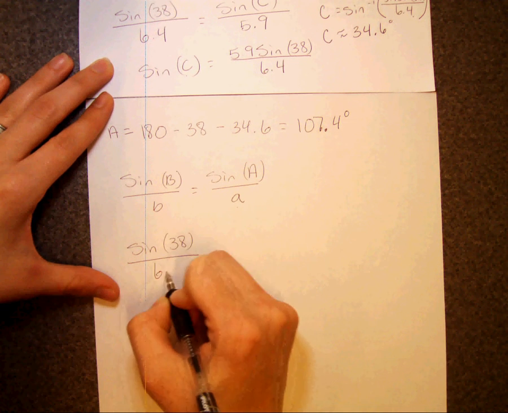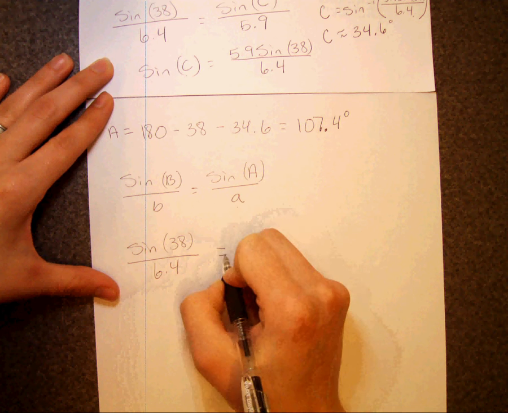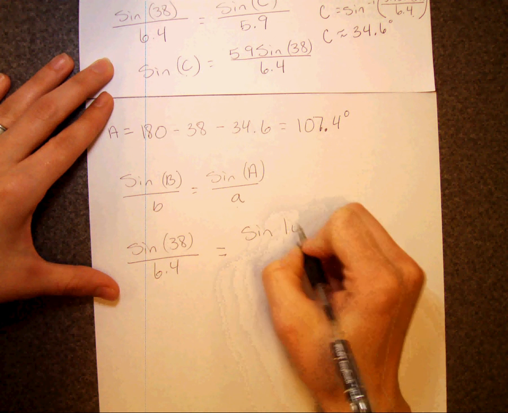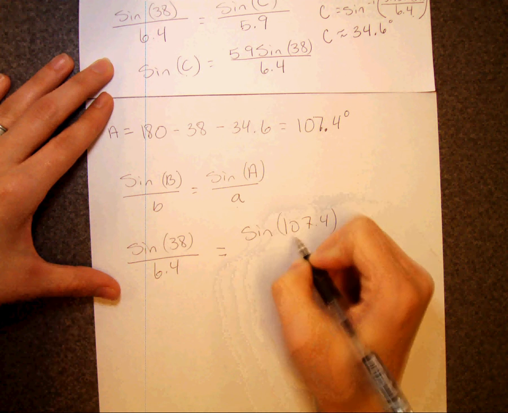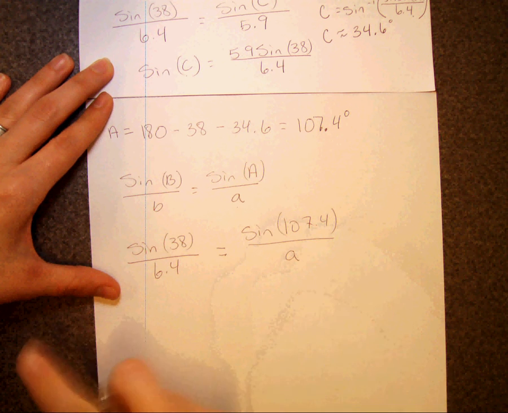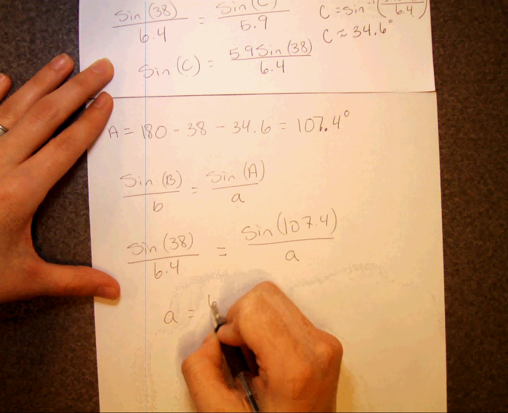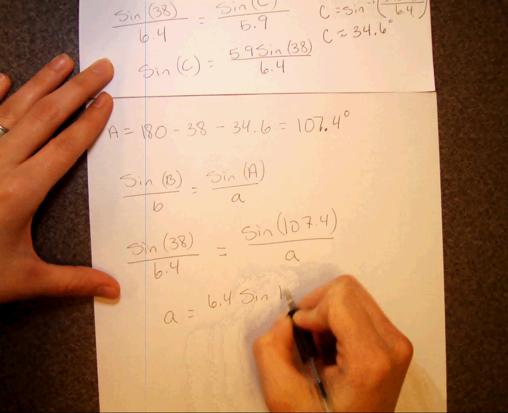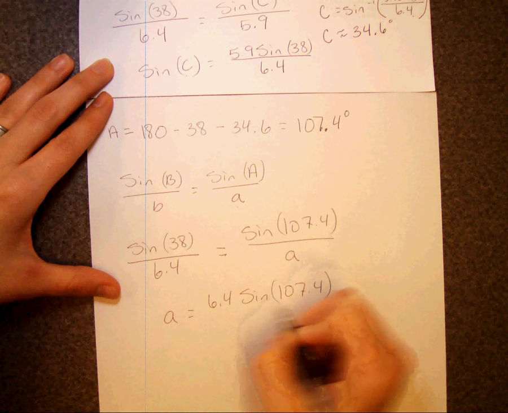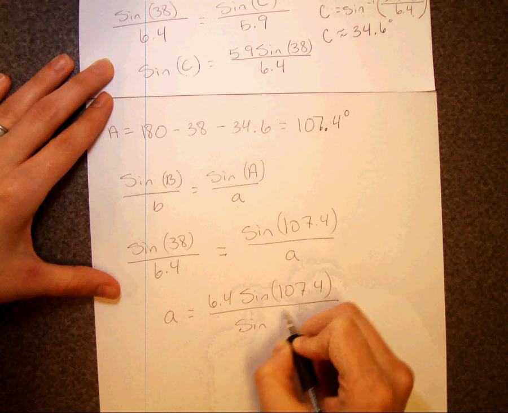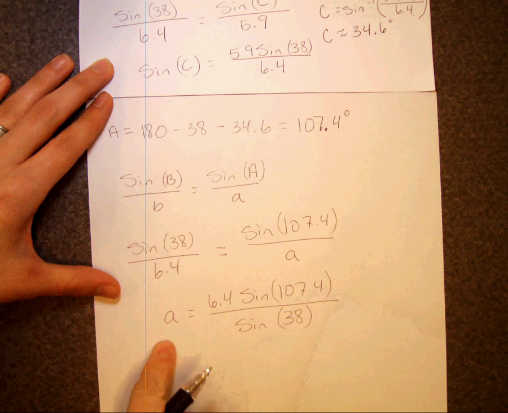So I'll have sine of 38 divided by 6.4 equals sine of 107.4 divided by A. Cross multiply and divide, I get that A is equal to 6.4 sine of 107.4 divided by sine of 38.